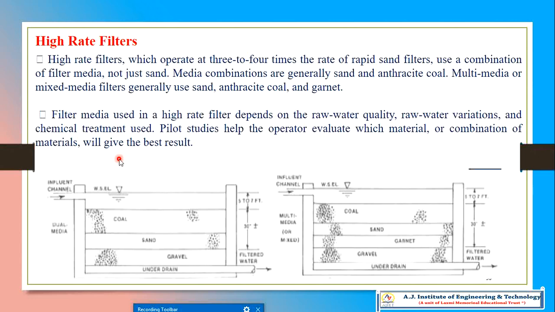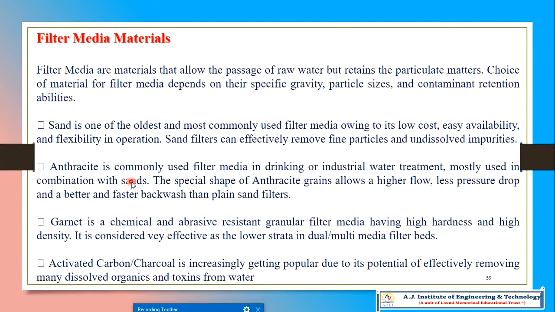High rate filters, what are high rate filters? Those use more than dual media, that is one or two or three layers, such as coal, sand, or gravel, or coal, sand, granite and gravel, for better efficiency and larger area.